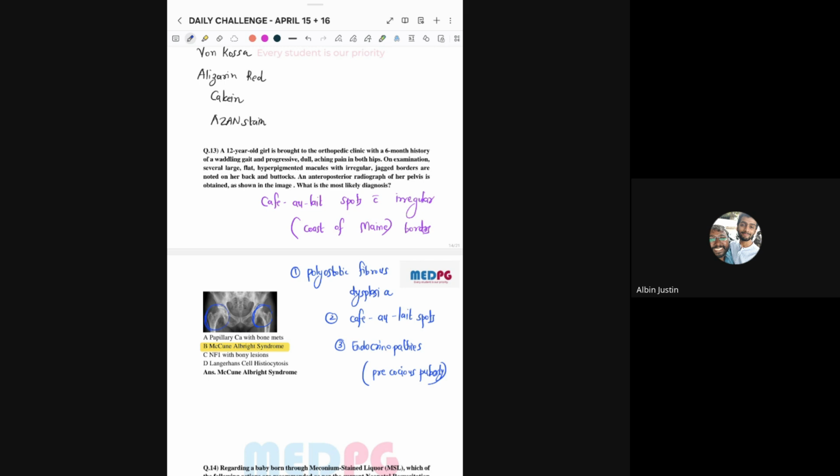See the borders? There is a ground glass appearance. Okay, so if it was NF1, it would have been coast of California. That is regular borders. In LCH, you won't get any cafe au lait.